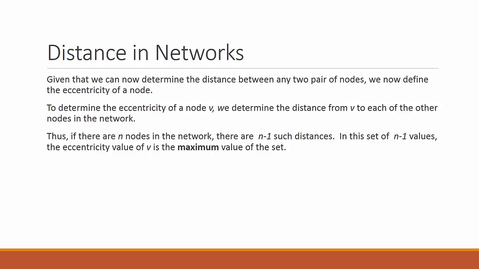Or in general, if there are n nodes, we'll be looking at n-1 distances. Now that we've found the distance from our node to all of the other nodes in the network, the eccentricity value of the node is the maximum value of the set.